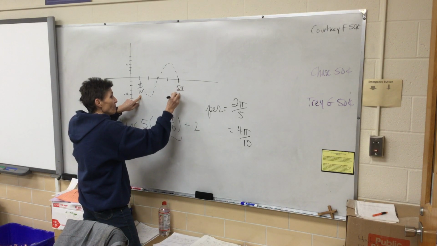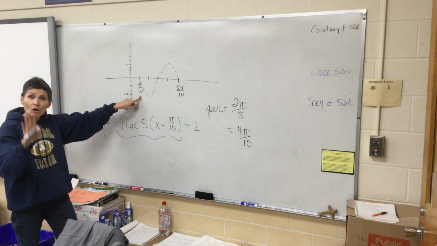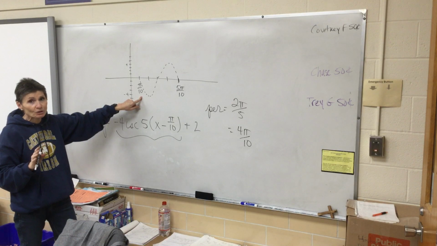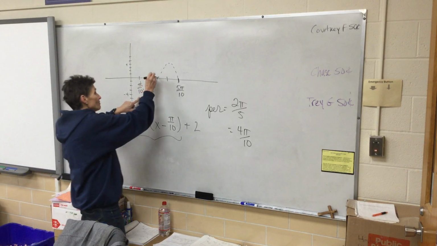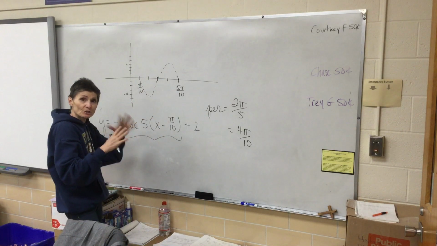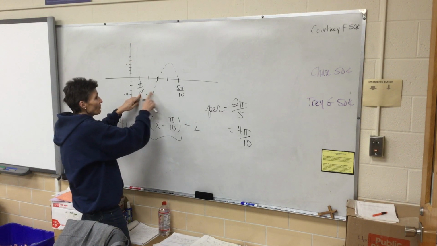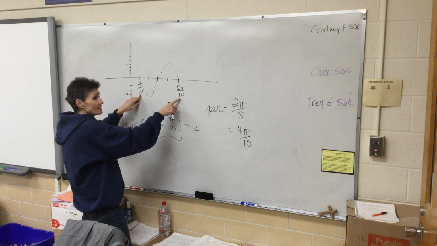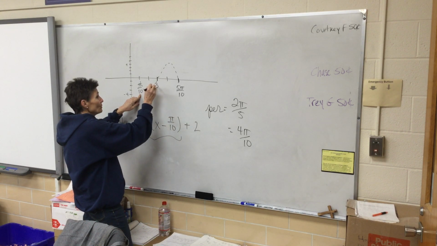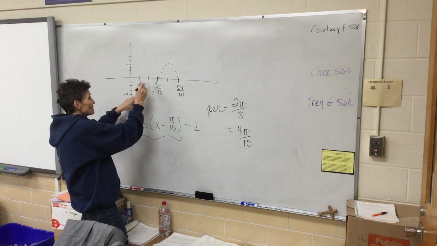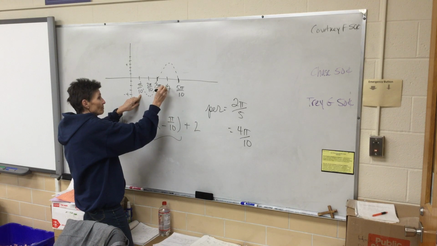So this is going to be 5 pi over 10. Now I know that reduces. You can reduce it if you want, but you don't have to, because now we're going to find these other points, and we're going to do that by averaging. So 1/10 and 5/10 is 6/10, divided by 2 is 3/10. 1 and 3 divided by 2 is 2, and 3 and 5 is 4.